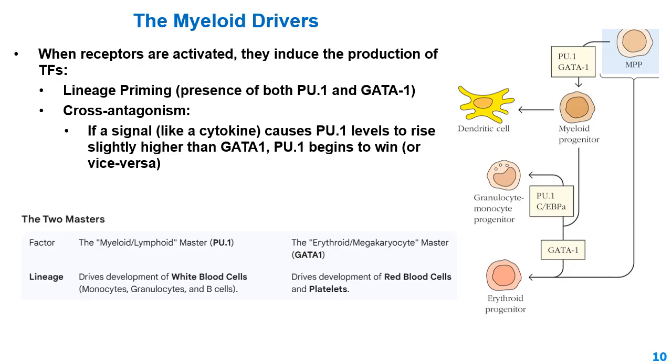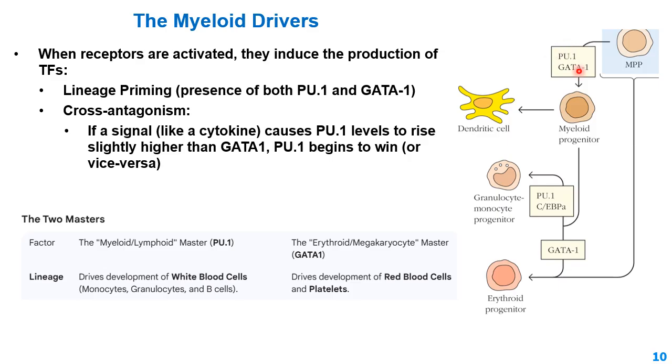Now you're going to have internal signals that are going to upregulate transcription factors. Two major transcription factors of your myeloid path are PU1 and GATA1. Don't tell me what it stands for. In your precursor cell, the expression of these two factors is actually quite low.